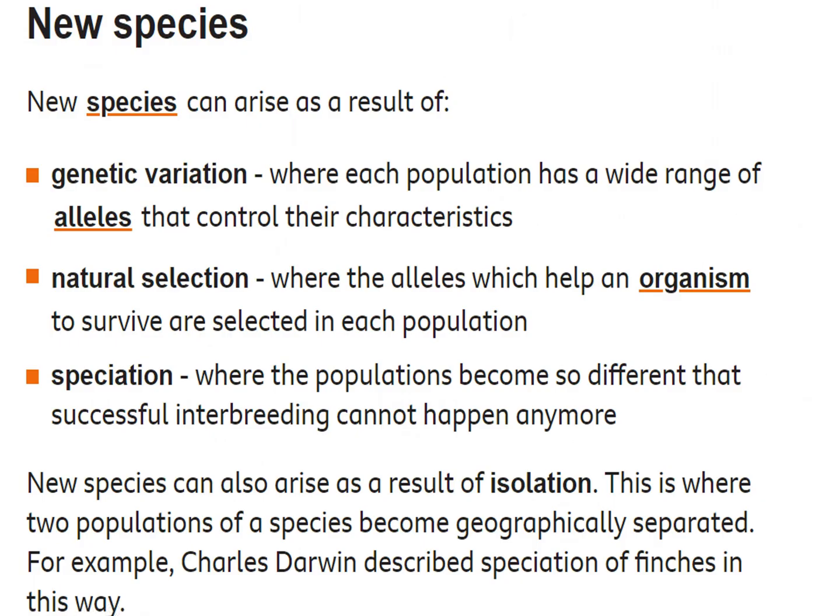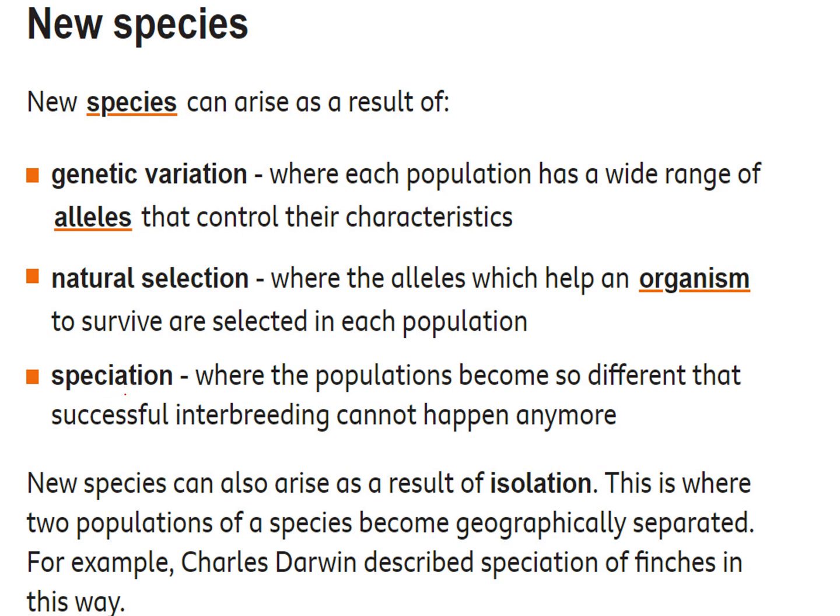First of all, new species can arise as a result of genetic variation, where there's been a mutation and an organism has changed slightly, so it'll have a wider range of alleles that control its characteristics. Natural selection, that we talked about with the rabbits two lessons ago, is where the alleles which help an organism to survive are selected for in each population, normally by predation or survival.